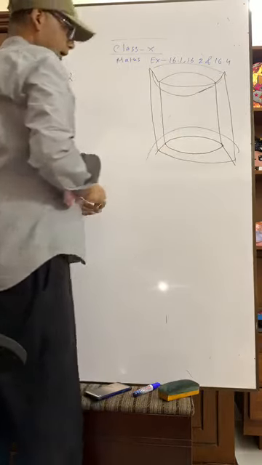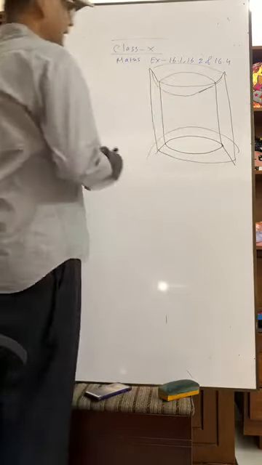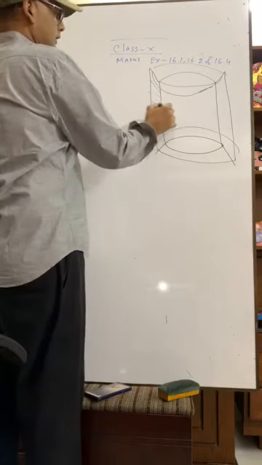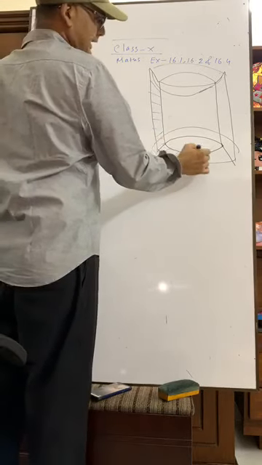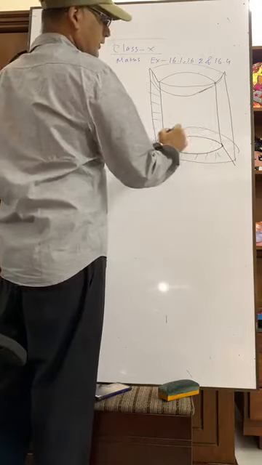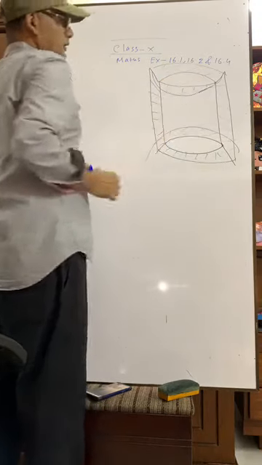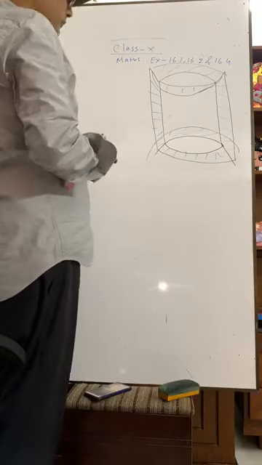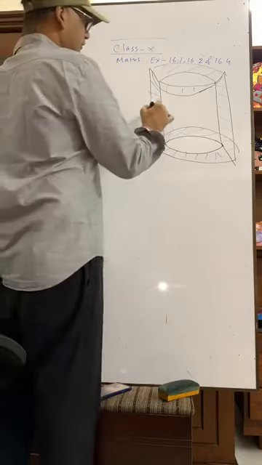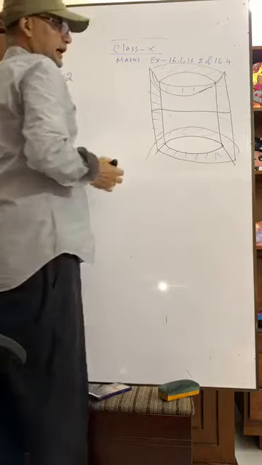Here you have iron. It is a hollow cylinder. Now, it is your outer diameter.